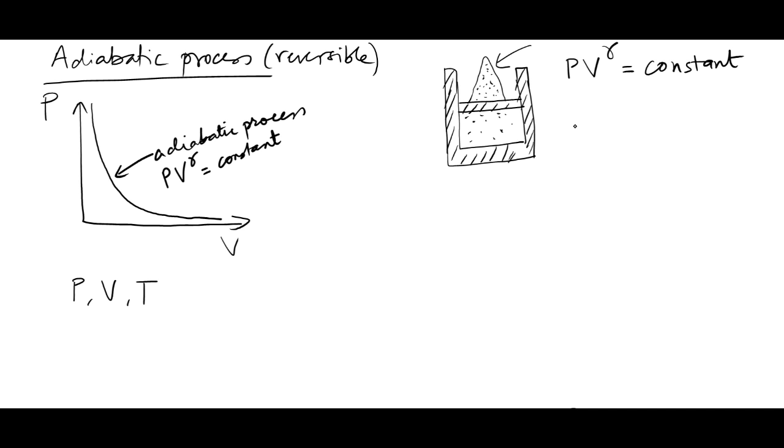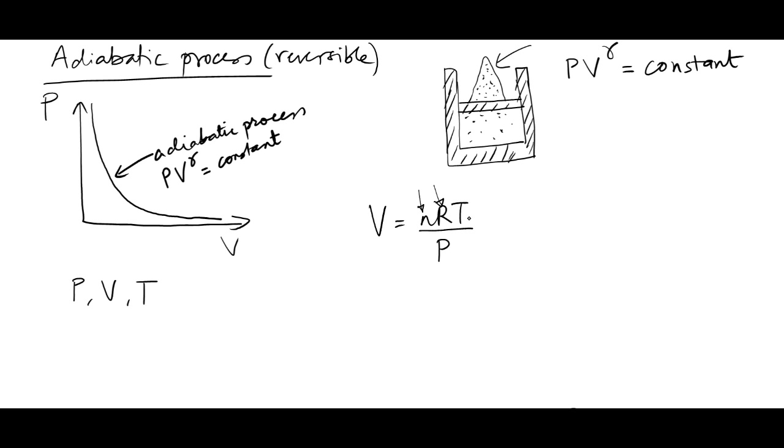For example, you can choose to eliminate the volume using the ideal gas equation in the form V is equal to nRT divided by P. So you get rid of V by substituting nRT upon P. In other words, you get an equation linking the pressure and the temperature. Now note that the number of moles is a constant for a given mass of a given gas, and R is also a constant.